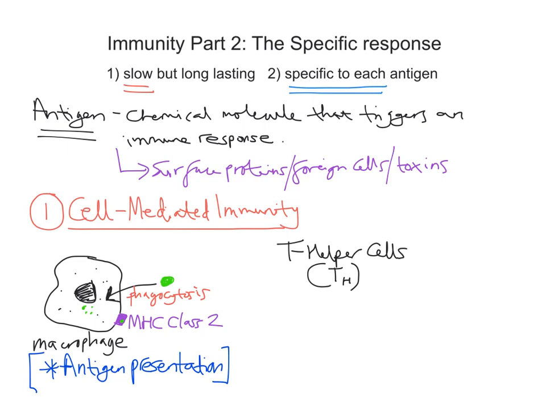What they do is have receptors that are complementary in shape that bind to a presented antigen, and it activates the helper T cell, which then will undergo mitosis, so cell division, and produce a whole clone of these T cells, and that has a number of consequences. So this is part 2 of cell-mediated immunity. Essentially, we're going to just draw this in red, for example. In fact, what we'll do is if we were to just zoom in on this MHC class 2 portion here.